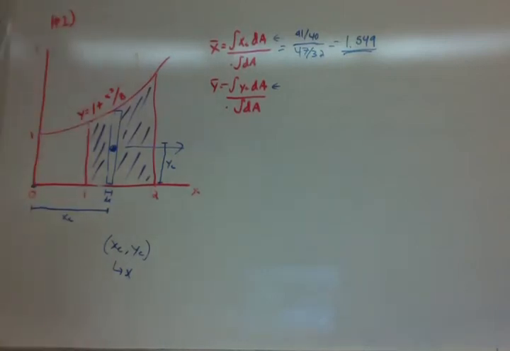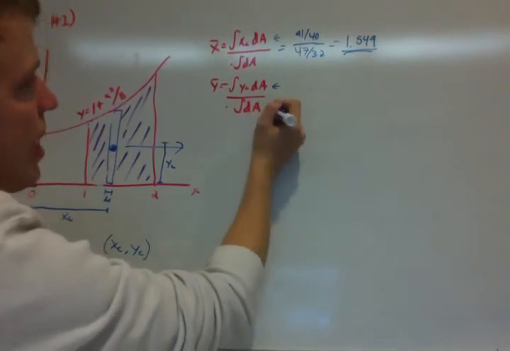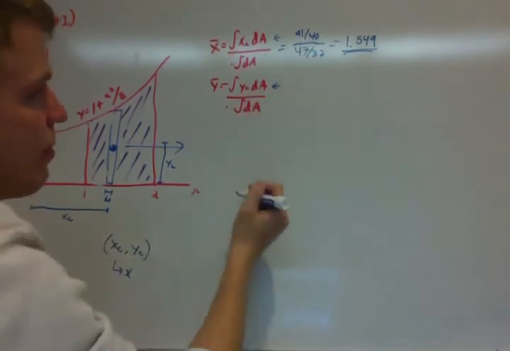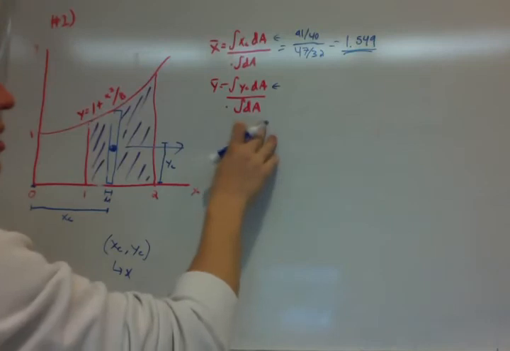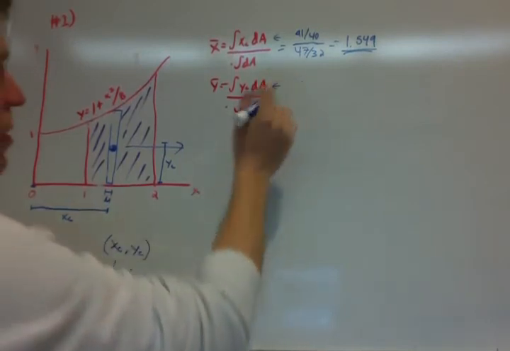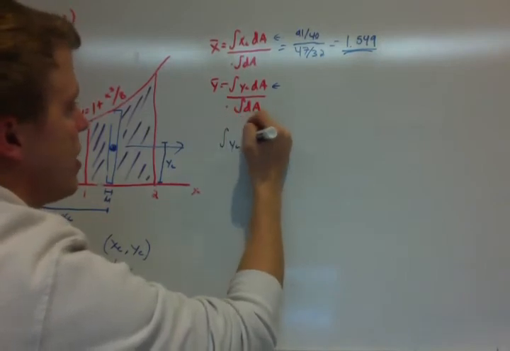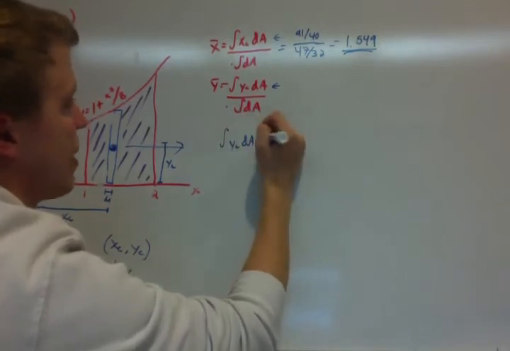Alright, so y bar. So same thing, we already know the bottom term, right? It was the 47 over 32. That's just the integral of dA, which we solved for. So now we just need to solve for this top term. So the integral of yc dA.